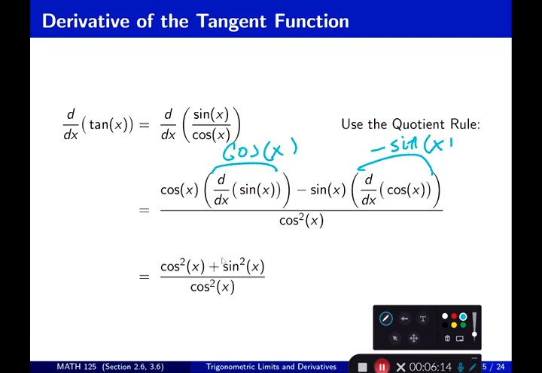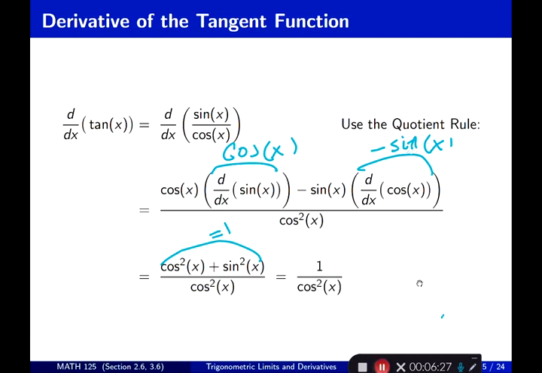Now, what is sine squared x plus cosine squared x? That's equal to 1. So what you end up with is 1 over cosine squared x, which is secant squared x. We just proved that derivative of tangent of x is secant squared x.